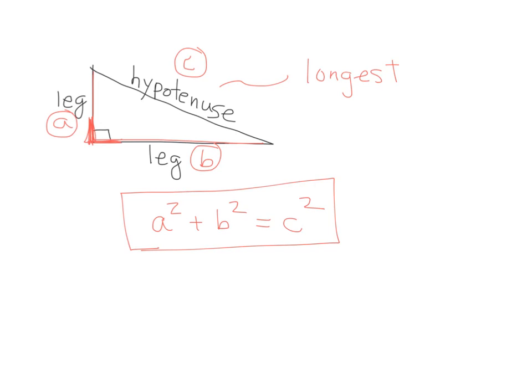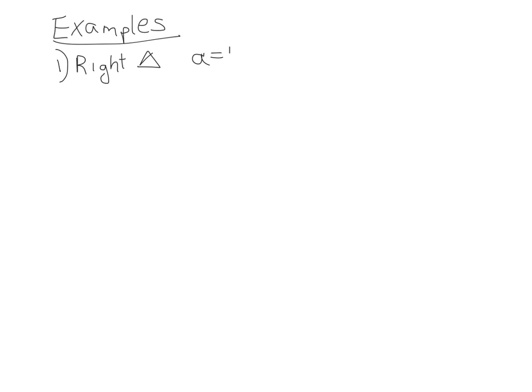All right, let's try an example. So here we go. Examples. So number 1. Let's say you have a right triangle. And you know that A equals 5 and B equals 12.